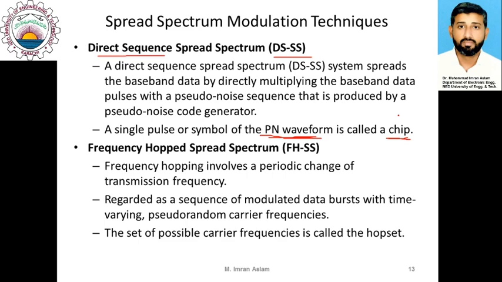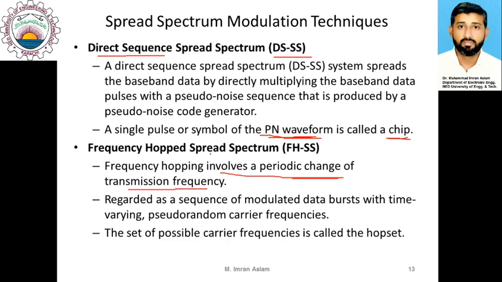baseband signal. The second category of spread spectrum modulation technique is the frequency hopped spread spectrum technique. In frequency hopped spread spectrum, we have periodic changes in the transmission frequency.